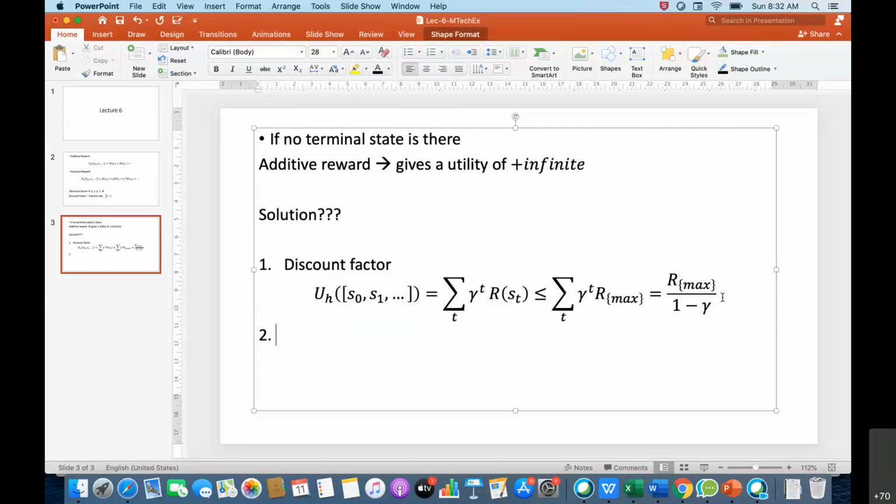Now what is the second factor? The first solution is the discount factor.